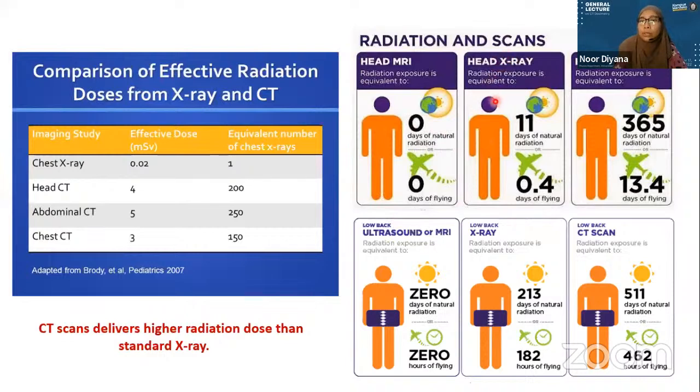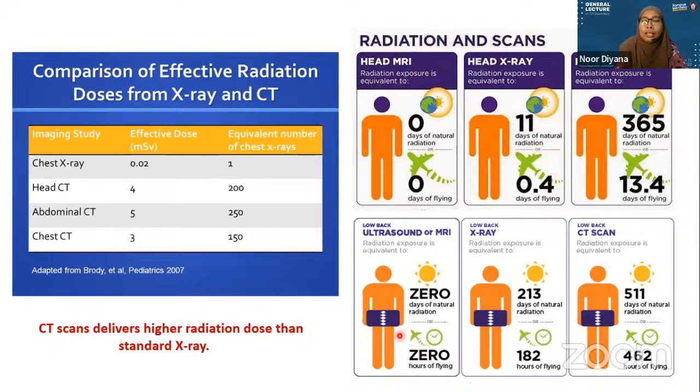X-ray of the head is equivalent to 0.4 days of flying. But if we compare a CT scan, it's about 30.4 days of flying. It's approximately 1 year of background radiation exposure. Okay, but for X-ray it's only 11 days.